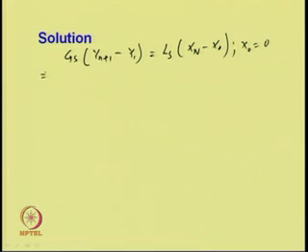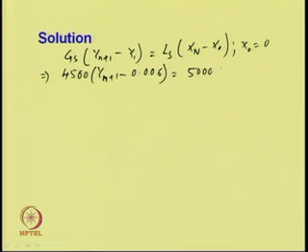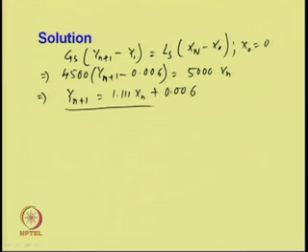So, from this we can get 4500 into yn plus 1 minus 0.006 will be 5000 into xn. So, from this we can get yn plus 1 will be 1.111 xn plus 0.006. This is the equation of operating line.